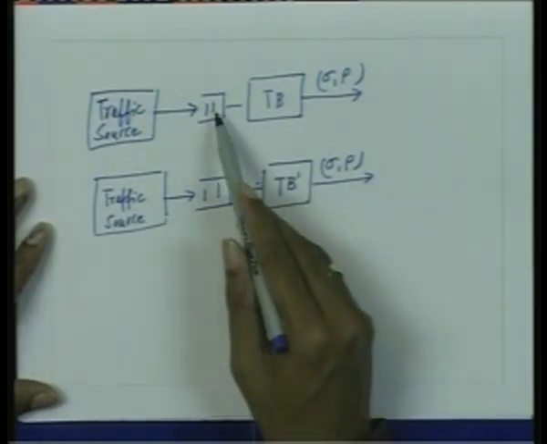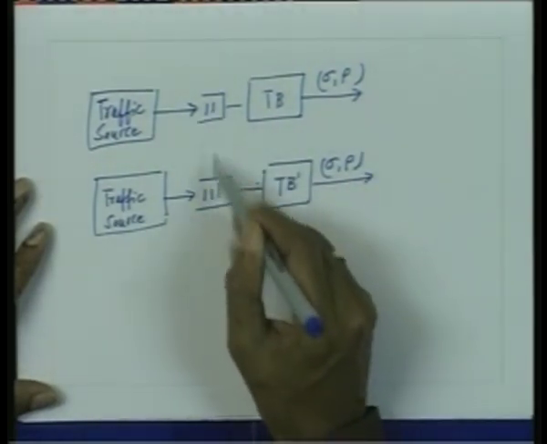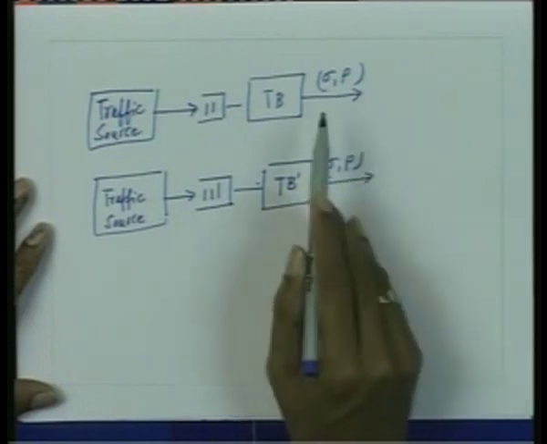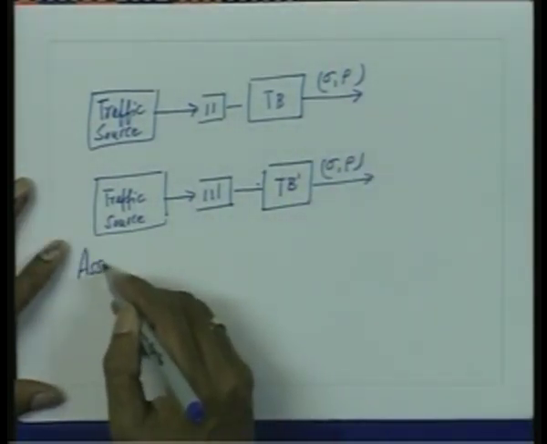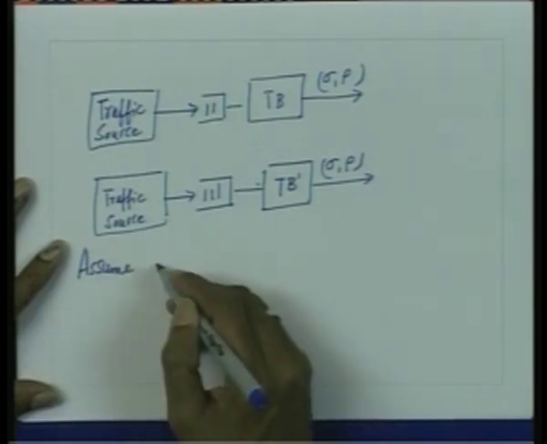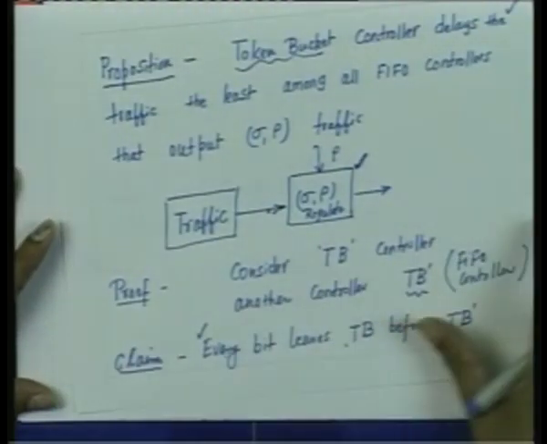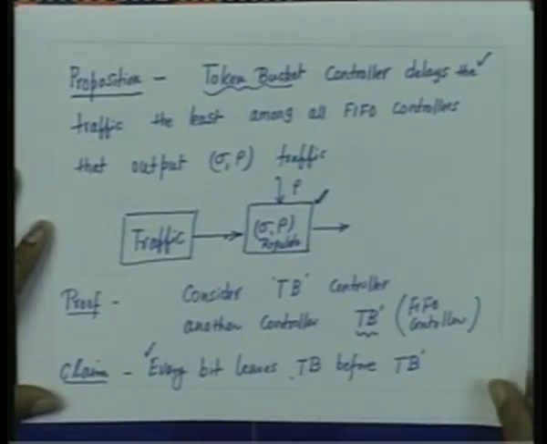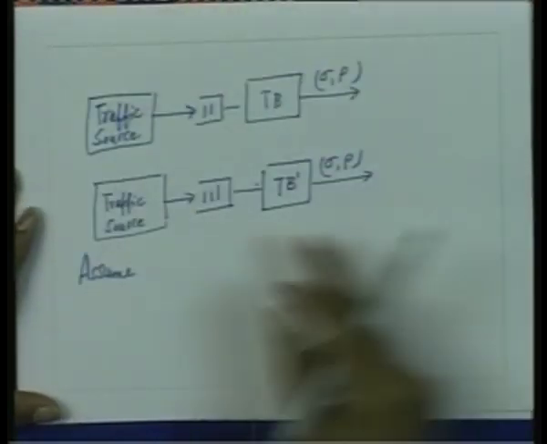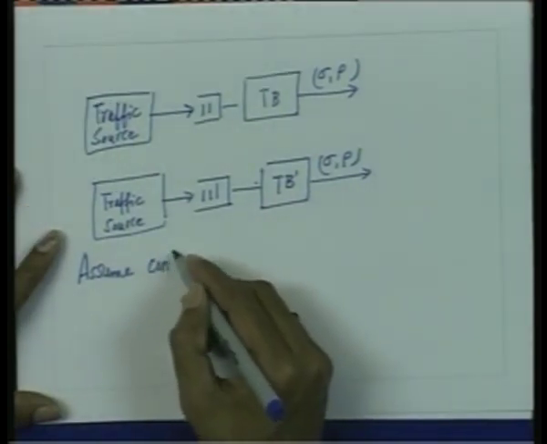But since we are saying that the delay in this bucket is less, the bit leaves here earlier. So this is our claim. So we assume the contrary. We assume that this claim is not true. The claim is that every bit leaves the token bucket before token bucket prime, that is the other controller. So assume the contrary.